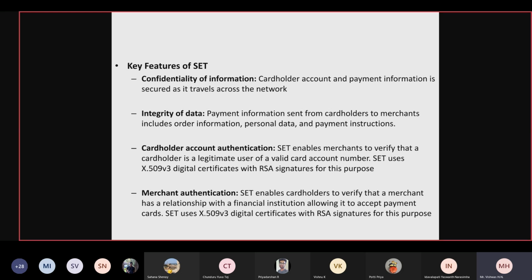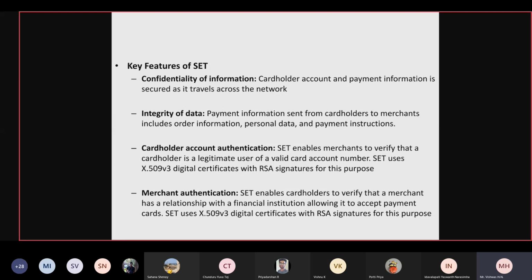There should be no change in this information, students. Order information is what you are exactly buying, personal data is who is buying it, and payment instructions are how much you are paying and through what mode. So if you give something and something else goes to the merchant, it is very difficult to manage. Is that clear?